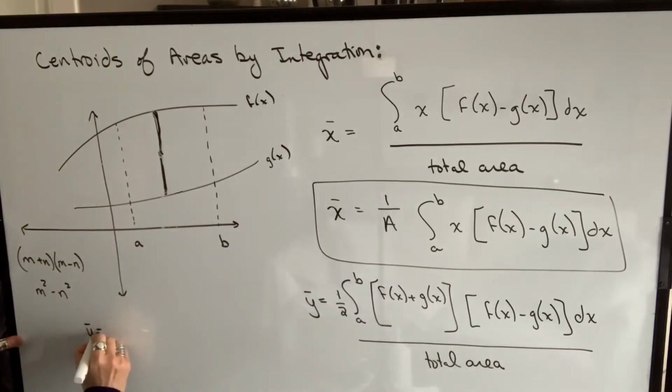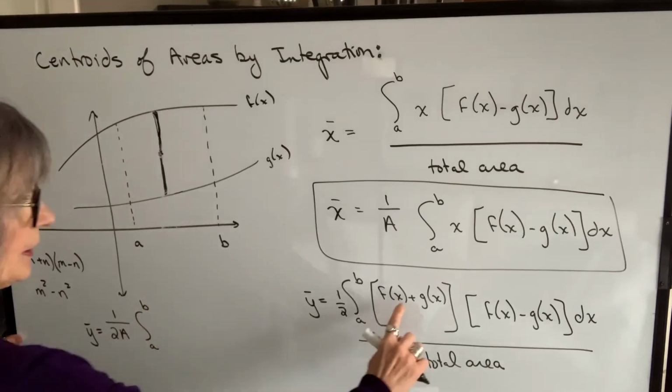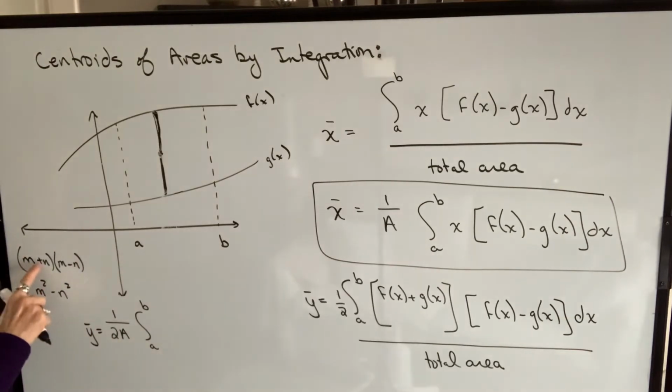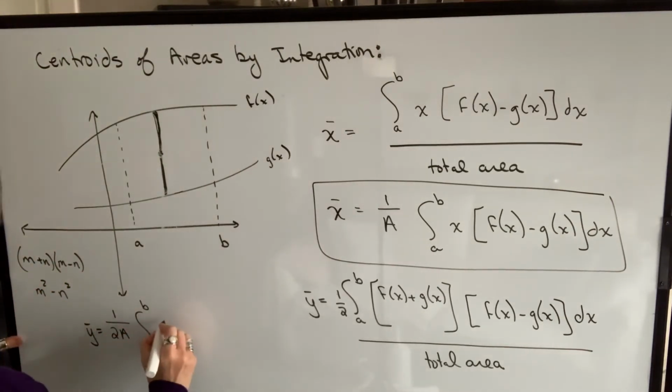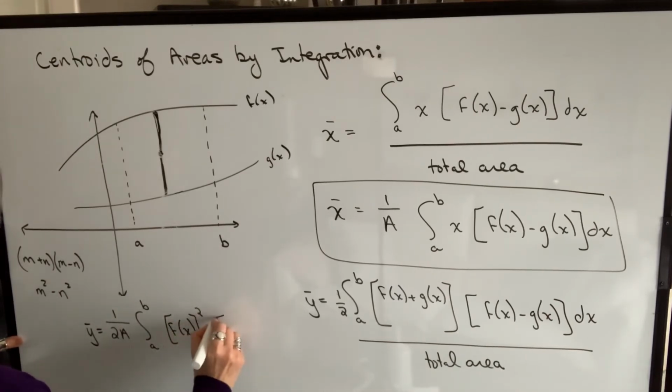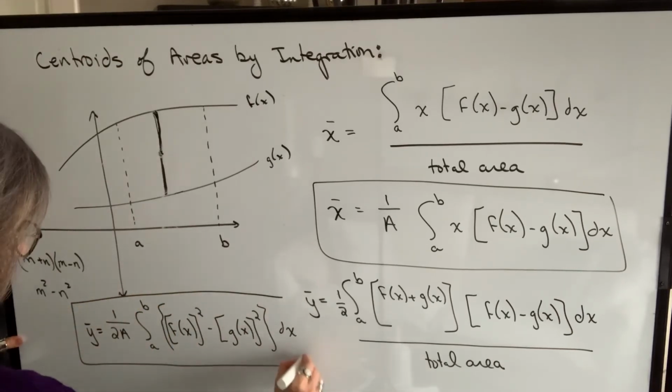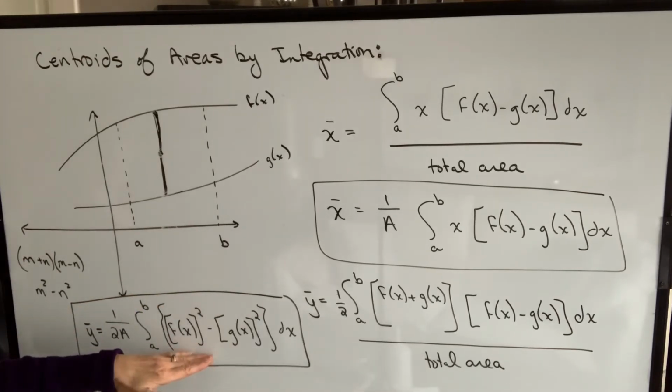So I'll get the y-coordinate equals 1 over 2 times the area, then times the integral from a to b of, when I multiply f of x plus g of x times f of x minus g of x, it's just like multiplying with here. The result will be f of x squared minus g of x squared dx. So this is the formula I use to find the y-coordinate of my centroid of my area.